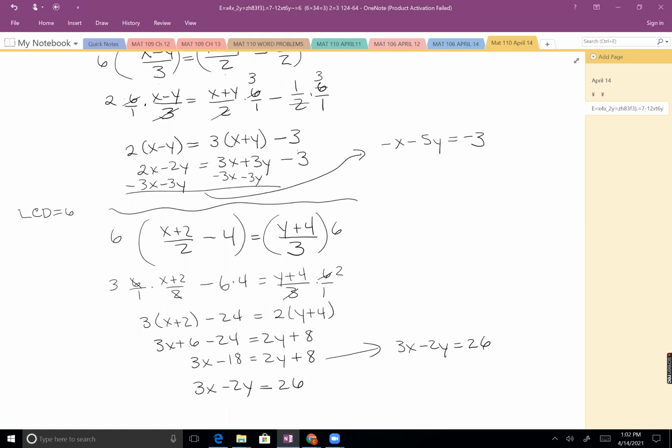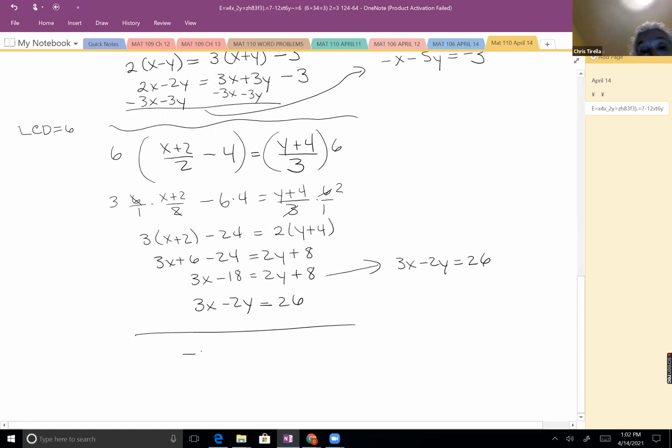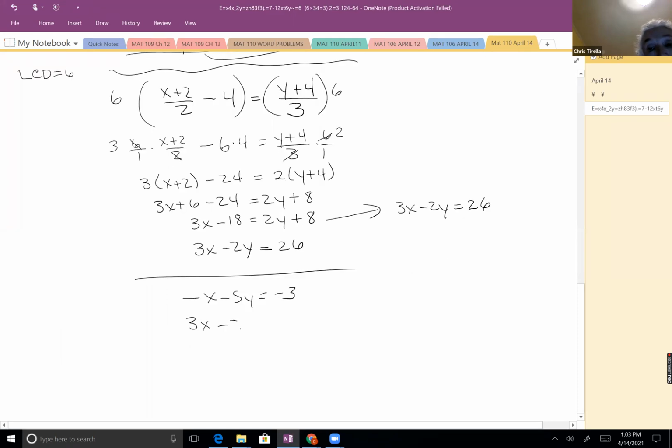Yep. So now one system is negative x minus 5y equals -3, and 3x minus 2y equals 26. Let's solve that system by elimination. Let's eliminate the x's. Let me multiply the first one by 3 to get -3x minus 15y equals -9.